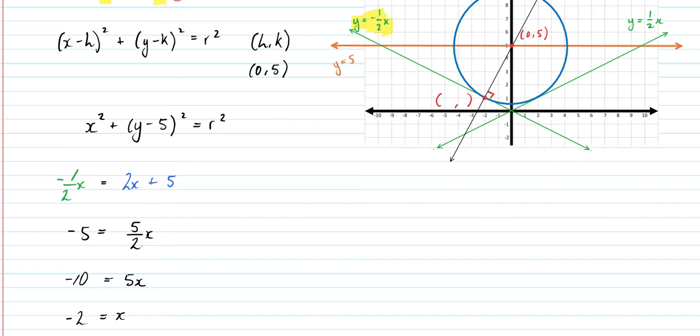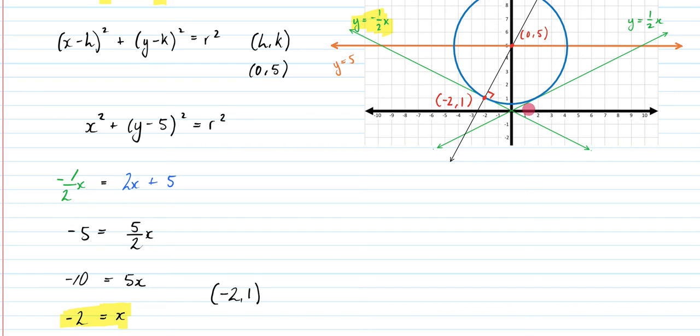That's going to be my intersection point for the x-coordinate. I need to find my y-coordinate, and all I would have to do is sub that into either one of these equations. If I sub it into here, I'm obviously just going to get 1. So my point of intersection will be (-2, 1). And that makes sense. I've actually drawn it perfectly here.